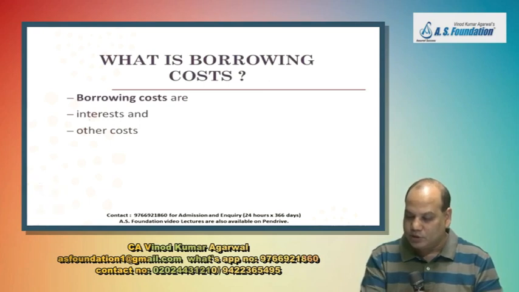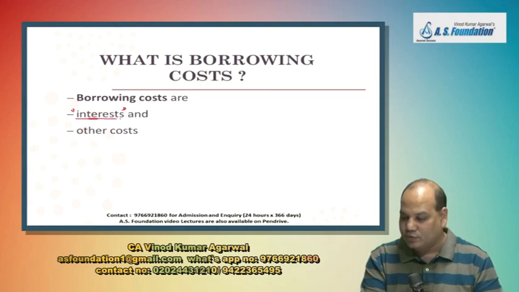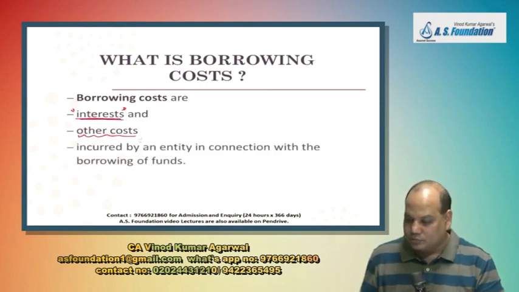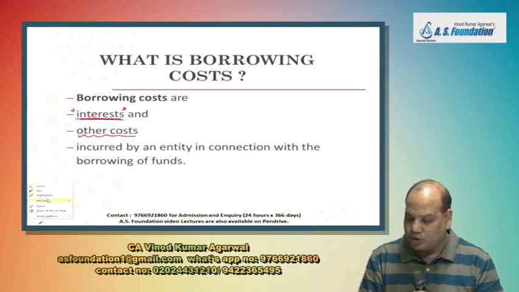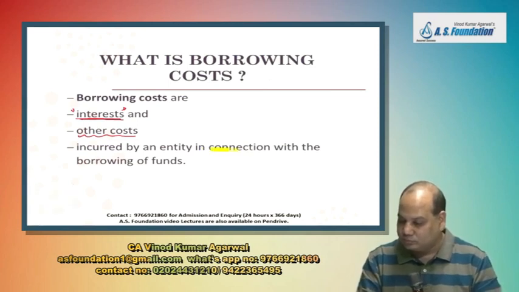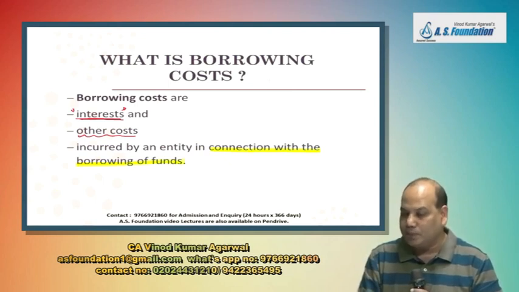Normally borrowing cost means interest, but the standard does not restrict itself to only interest. It says any other cost that is incurred by an entity in connection with the borrowing of funds. Underline, in connection with the borrowing of funds.